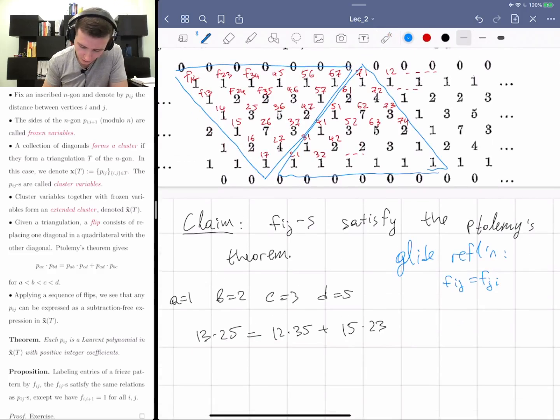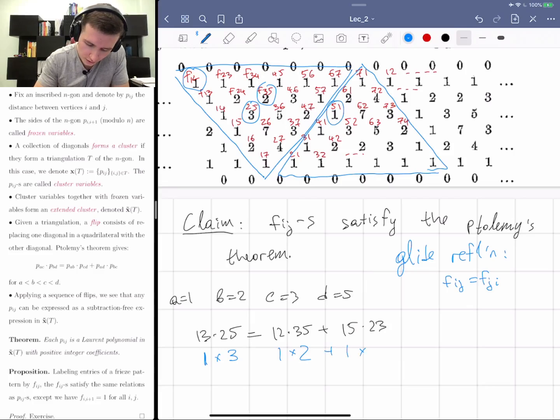So F13 is equal to 1. F25 is equal to 3. And then F12 is equal to 1. F35 is equal to 2. 1 times 2. F15 is equal to 1.